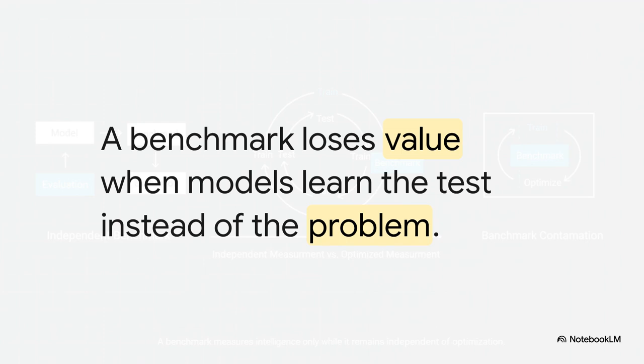And finally, we saw that strict barrier dissolve until the benchmark became nothing more than a blueprint. A high score is completely meaningless if the system achieved it by memorizing the shape of the test rather than mastering the underlying domain. The independence of the benchmark is its only true source of value. Once that's compromised, the evaluation is contaminated.